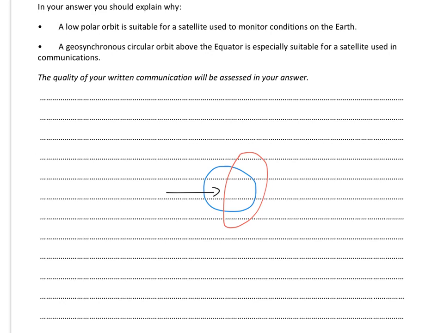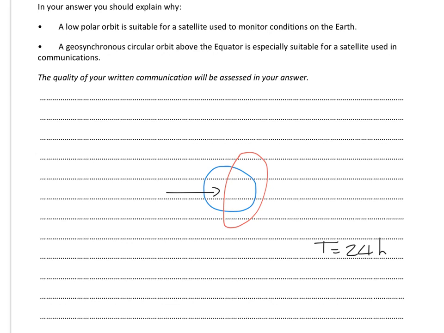It actually gets to see the whole surface of the Earth, whereas geostationary satellites have a time period of 24 hours, and actually they stay in a fixed position relative to the Earth. So that's one of the key differences. Polar orbits look down on all parts of the Earth.